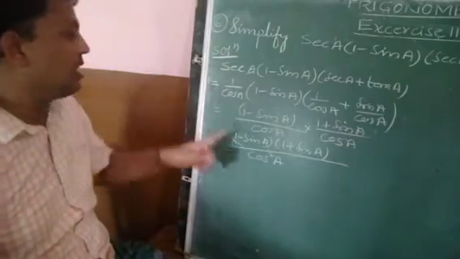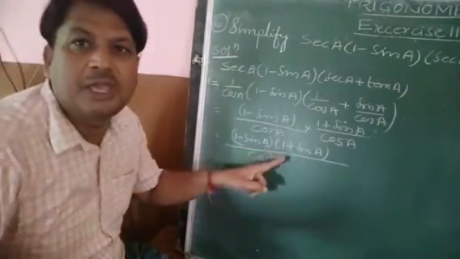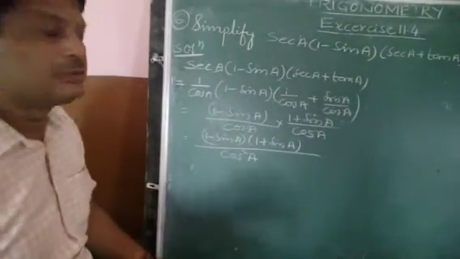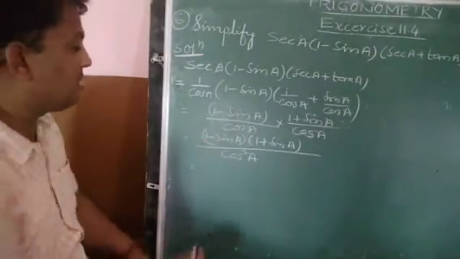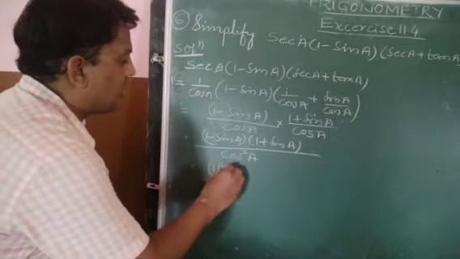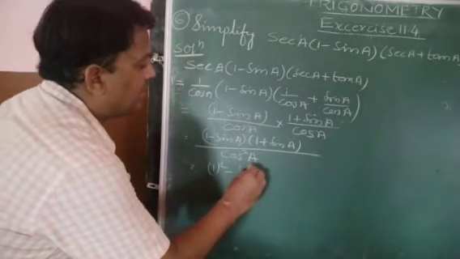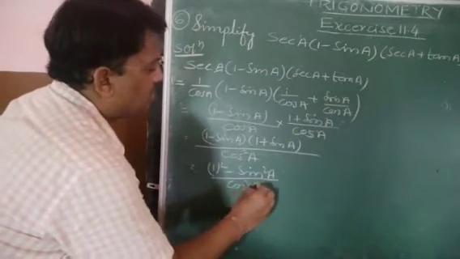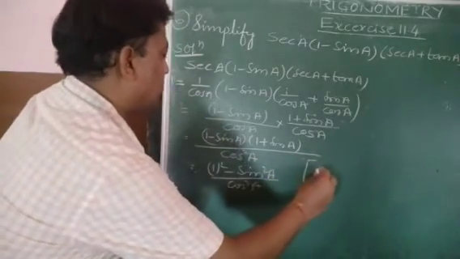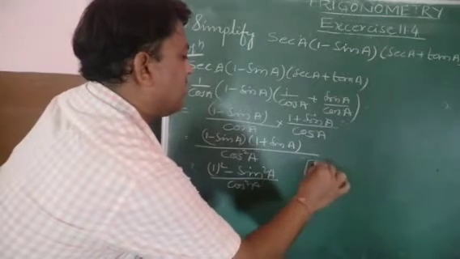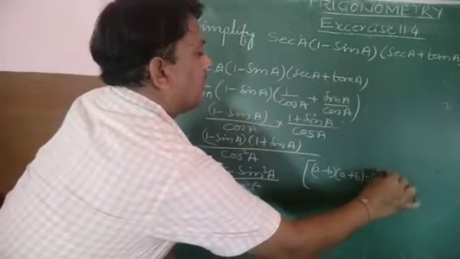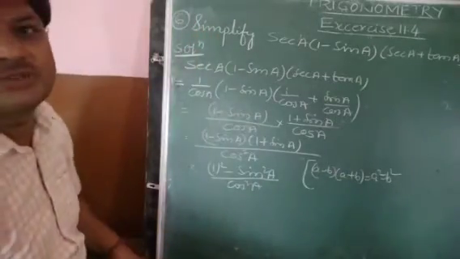A minus B into A plus B is nothing but A square minus B square, divided by cos square A. Here I am writing what? A minus B into A plus B is nothing but A square minus B square, children.